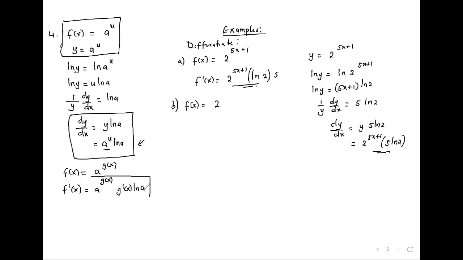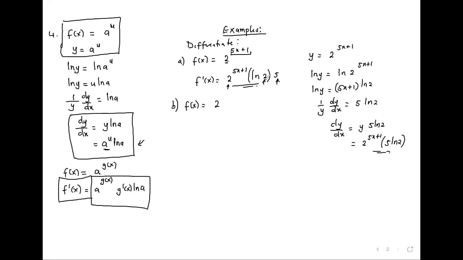This is the formula that we're going to use to give us the derivative. So we just identified our g, which is the power, differentiated it, we got 5, then find the base, and then we keep it as ln 2, and then keep the whole function.